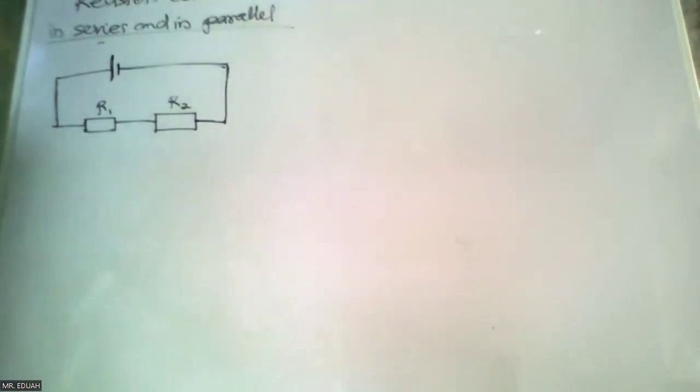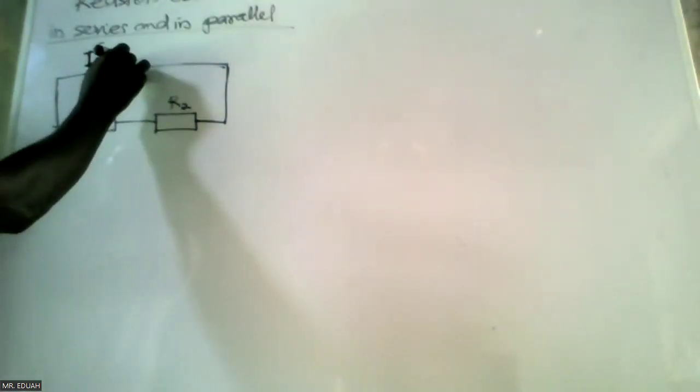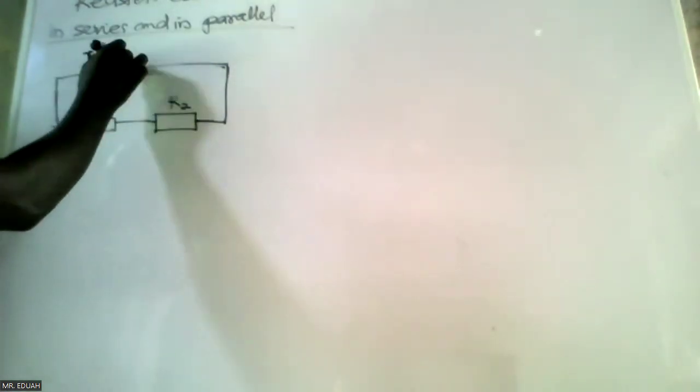Conventional current flows from the positive terminal to the negative, and then enters the resistors.